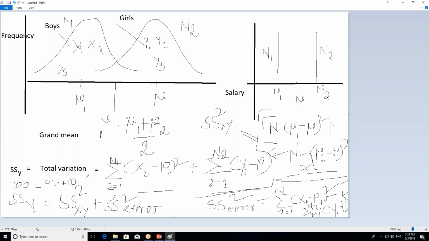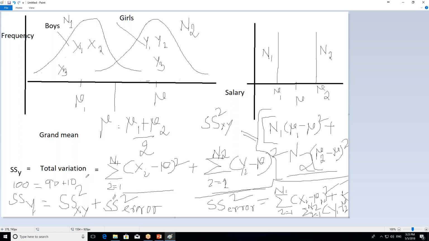I can say the groups are different if their means are far away from each other with less overlapping.